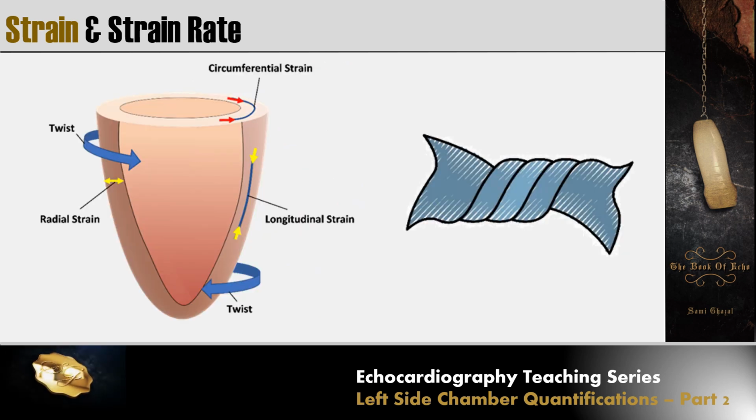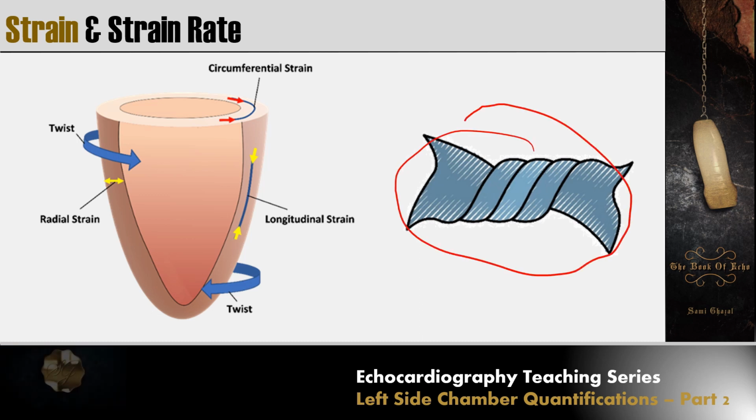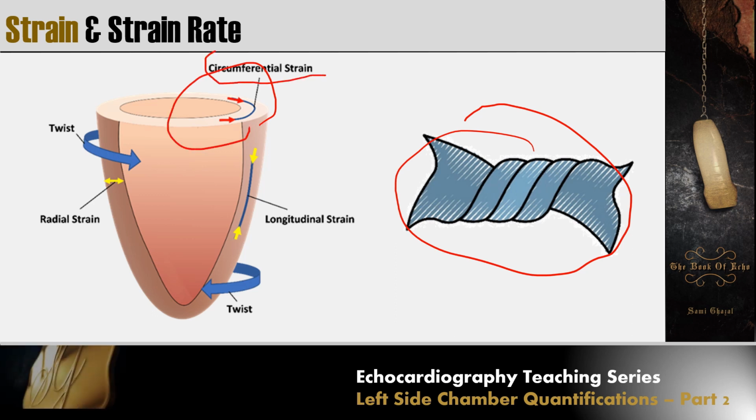Those different motions of the heart will give us the wringing effect, like squeezing a cloth to remove all the fluid within. The same thing happens to the heart. So we have circumferential motion, where we can now measure the circumferential strain.